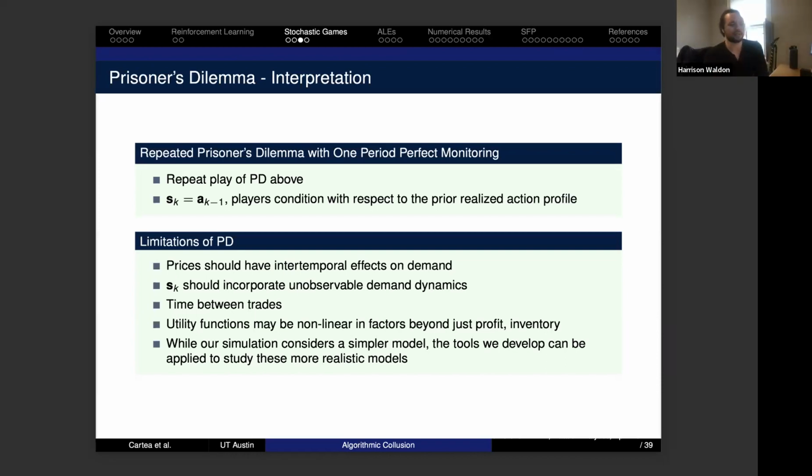And also the tools that we present here are much more general and cover more general scenarios that can address these limitations. And we forgo a treatment of it explicitly, mainly because of the difficulty of visualizing stochastic games, as things get very high dimensional.